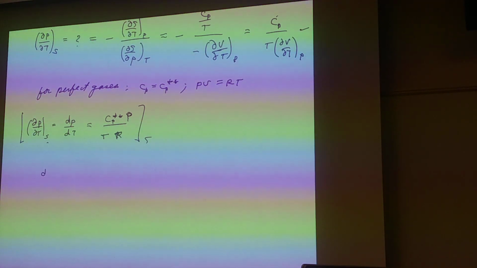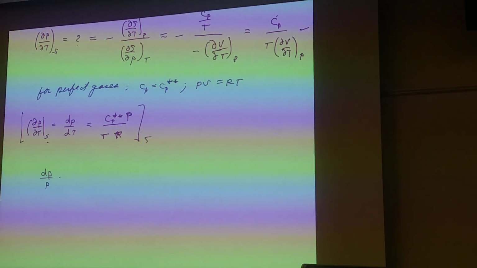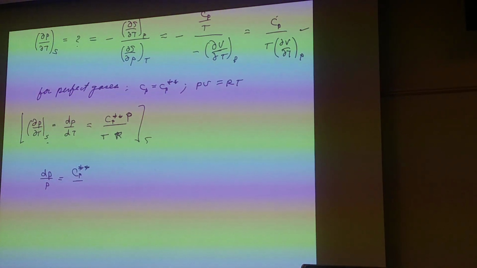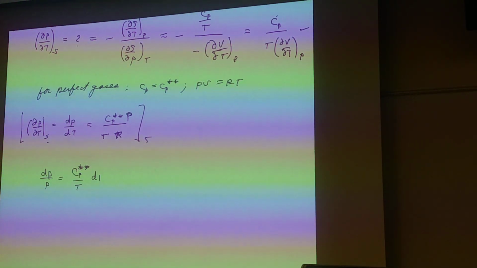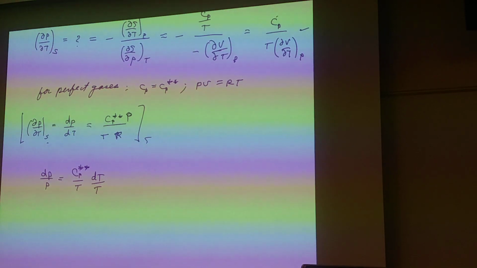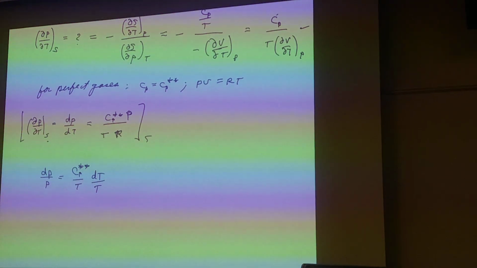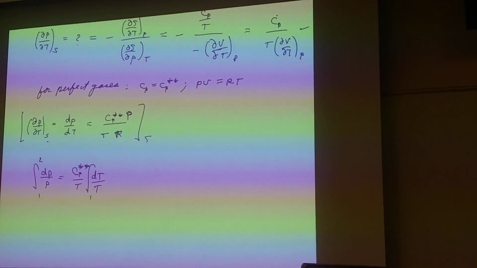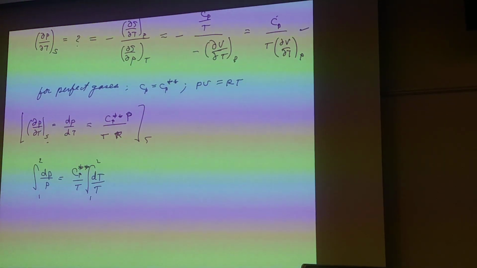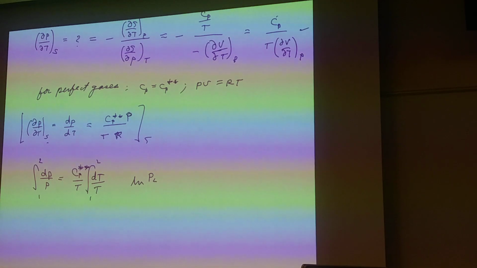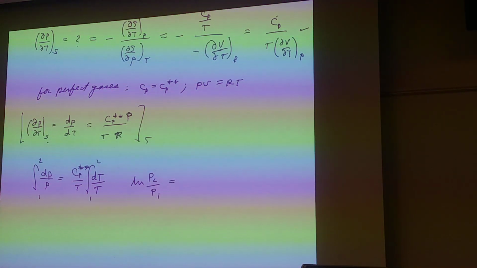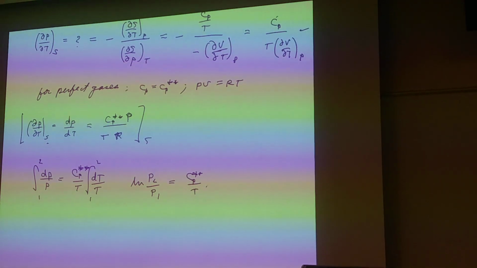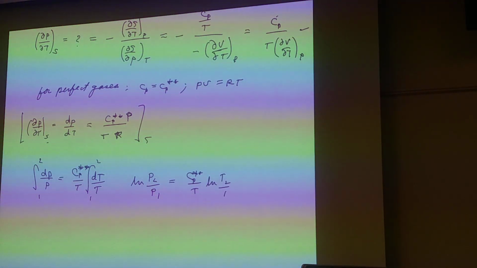So I end up with dP over P is equal to Cp double star over R, dT over T, or integrating between an initial and a final state, I end up with log of P2 over P1 equal to Cp double star over R log of T2 over T1.